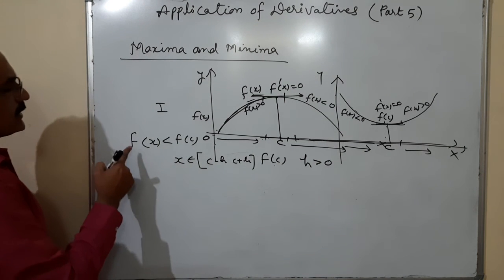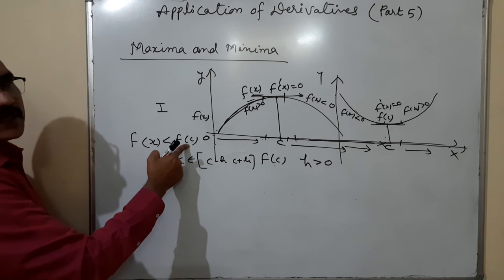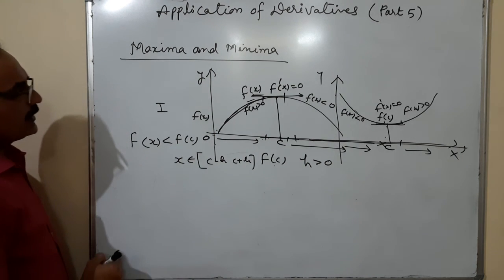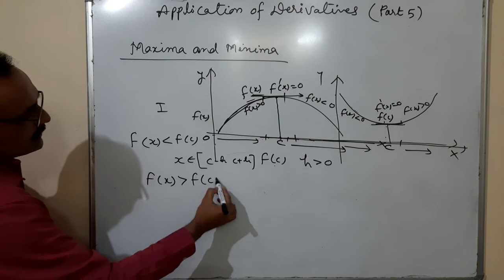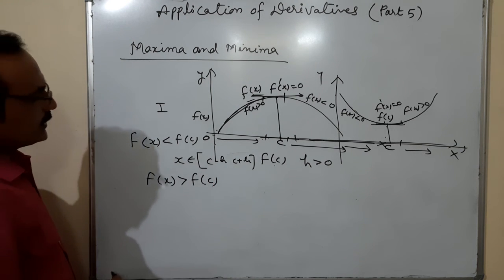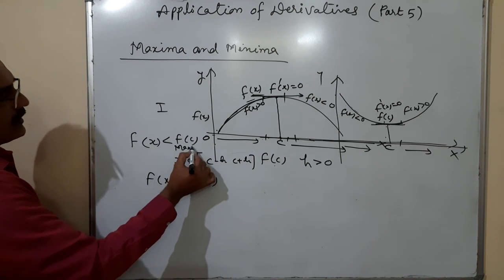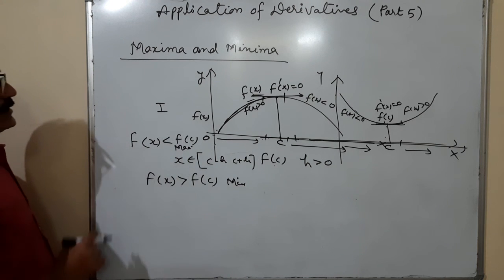In this case f of x is less than f of c, which means at point C the function has a maximum value. And if f of x is greater than f of c for every x in this interval, then it is the minimum. So that is the condition.